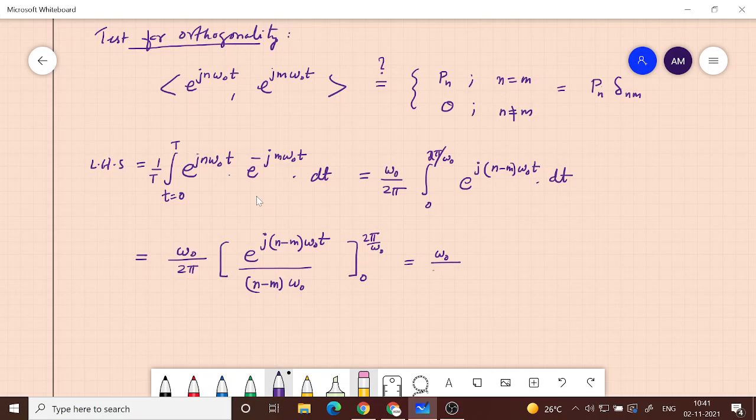So omega naught by 2 pi, n minus m omega naught, into e raised to j n minus m omega naught times 2 pi by omega naught, minus e raised to 0. So they cancel. Now what is the upper limit?